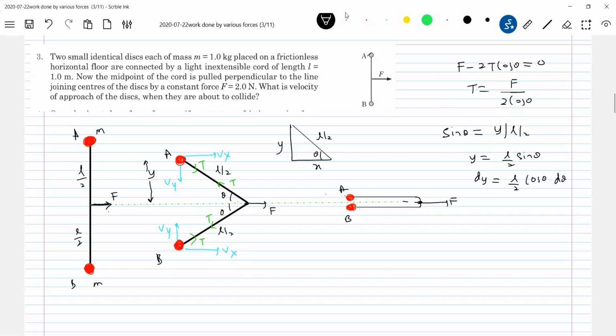So let's get into the work done. We already have the tension. Then dW, the work done by the y component of tension, should be equal to T sine theta into dy. Now what should be the limit?